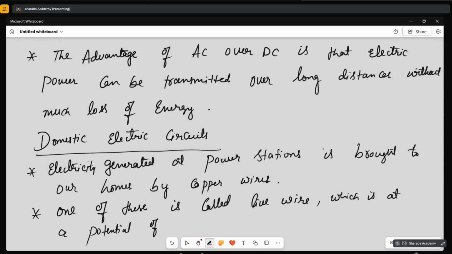Why is it copper wire? Not other wire. Which wire can you use other than that? Aluminium. Which is costlier, aluminium or copper? That's why they use copper.